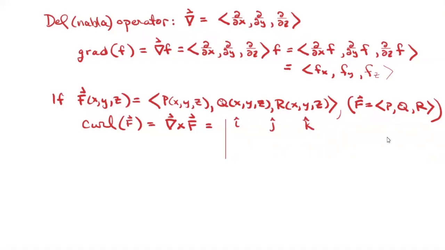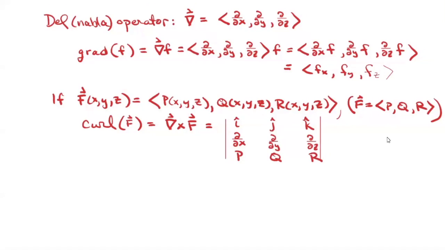So here the vectors are del, the nabla operator, which I would put in the next row, maybe without these commas. Isn't that weird? And then finally something that it operates on, which is the field itself, and you would just put P, Q, and R down there. Okay, so that's the curl of a vector field.